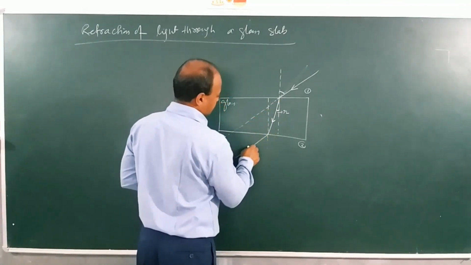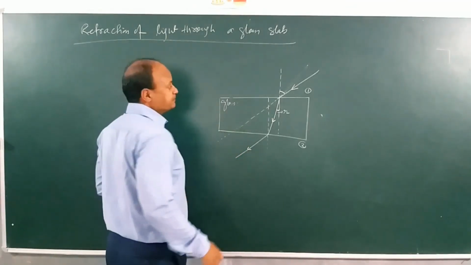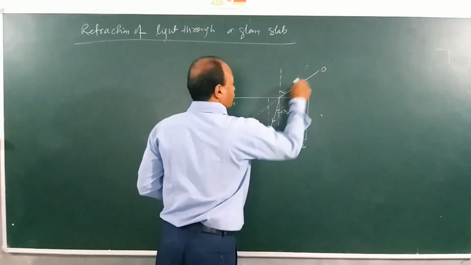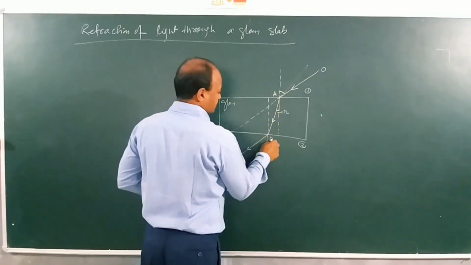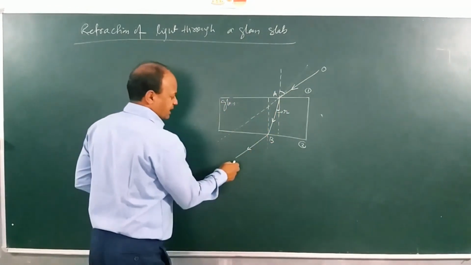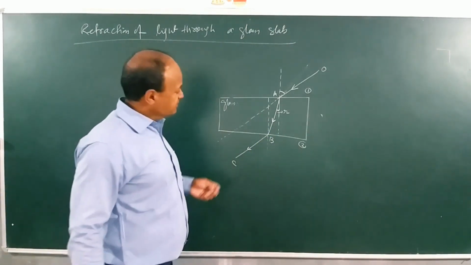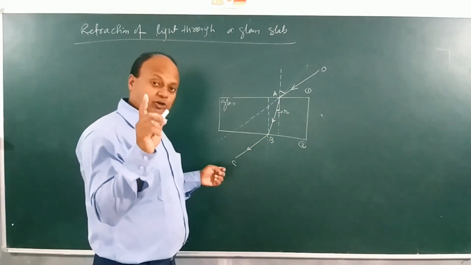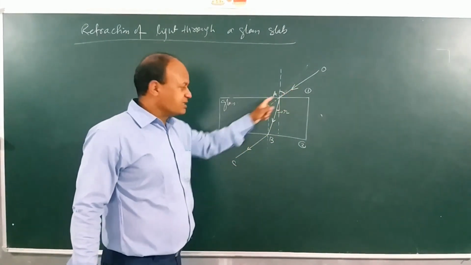Keep in mind, this ray is parallel to this ray. We call OA the incident ray, AB the refracted ray, and BC the emergent ray. It is finally emerging. When you do this construction in the exam, make sure that BC is parallel to the incident ray.